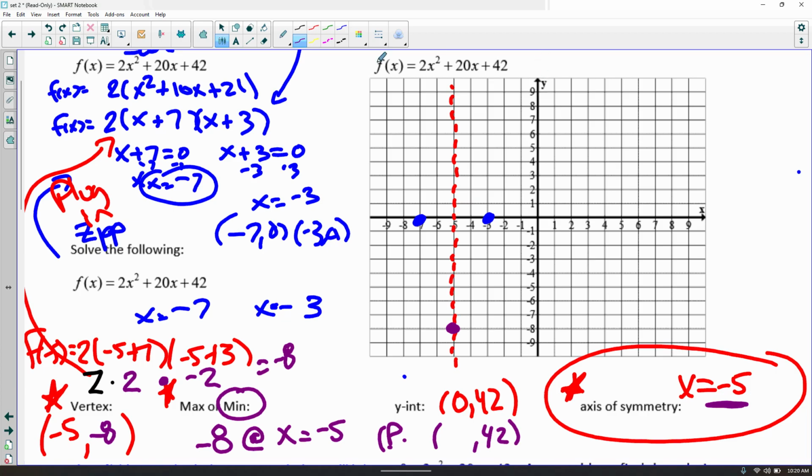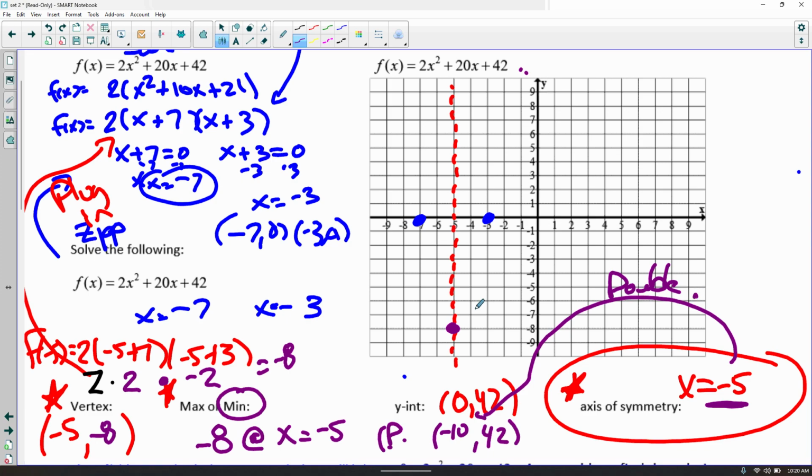There would be a corresponding point on the other side. And it would be the same distance away from the axis of symmetry, because it's 5 to get to here, which means it'd be 5 to get to here. So it's always double what that one is. So it gives you -10. Okay? So double the axis of symmetry to find your reflection of that.